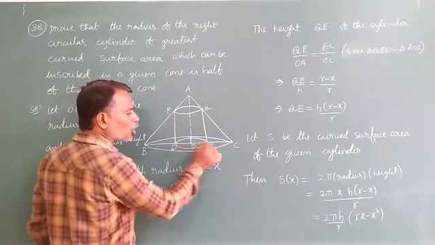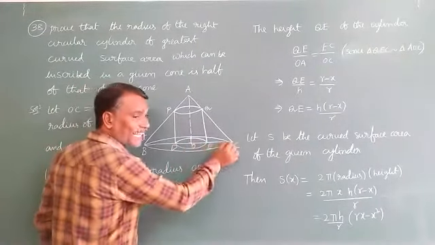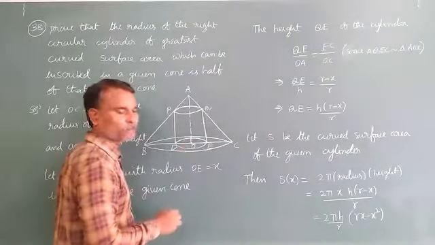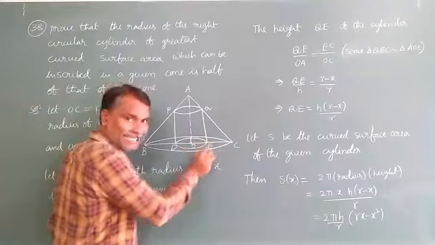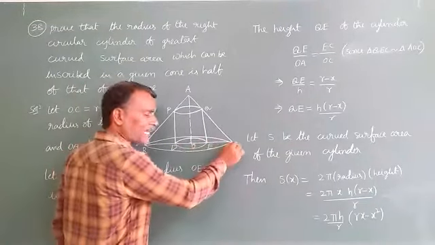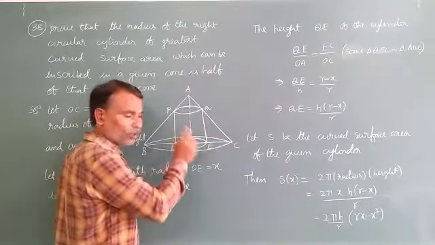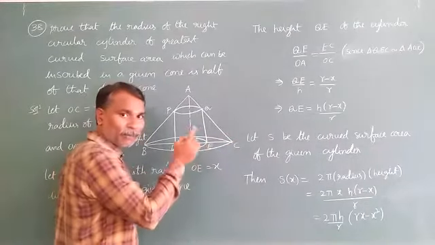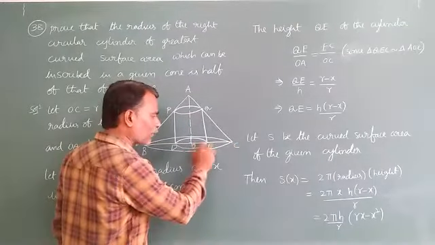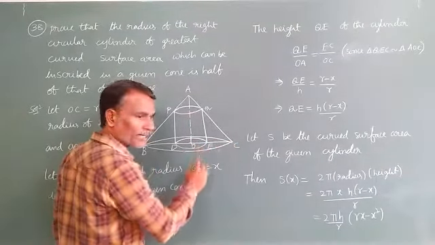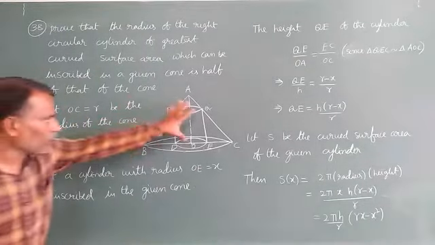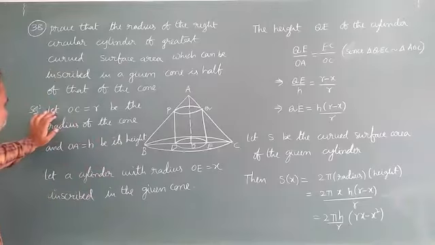Let us take O to C. OC is the radius of the cone. OE is the radius of the cylinder. And EC means from the radius we have to remove this part, that is X. So what we consider here, I draw the diagram in this letter.